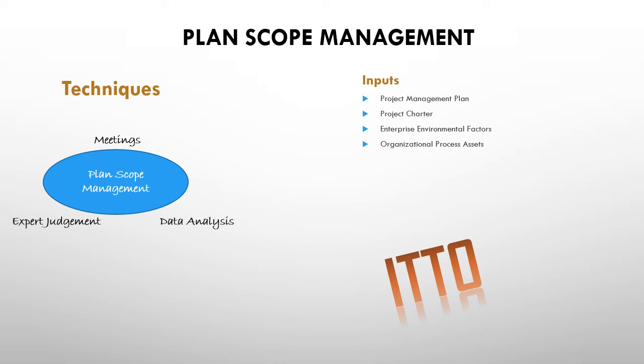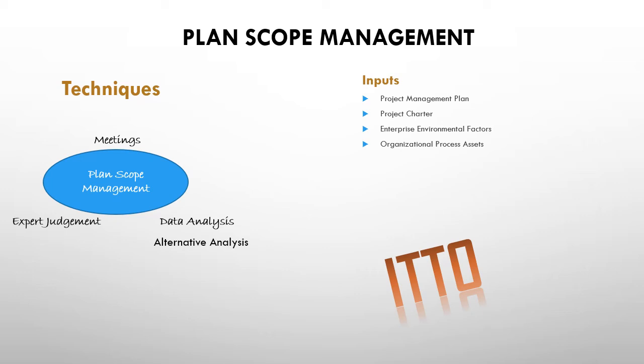The third is data analysis. The data analysis that is used in the scope management plan is alternative analysis. The project manager should always have some alternatives. It is always good to have some alternatives whenever you are deciding on something. So there should always be more than one way to achieve a certain requirement.